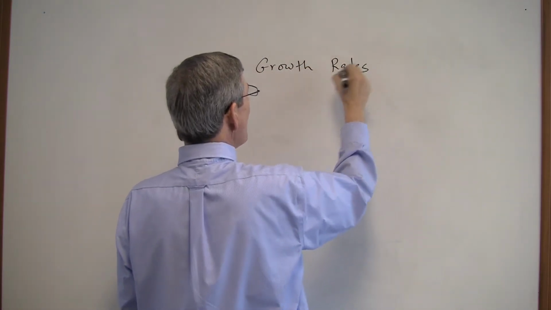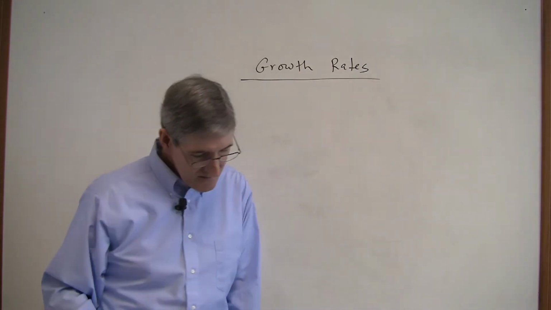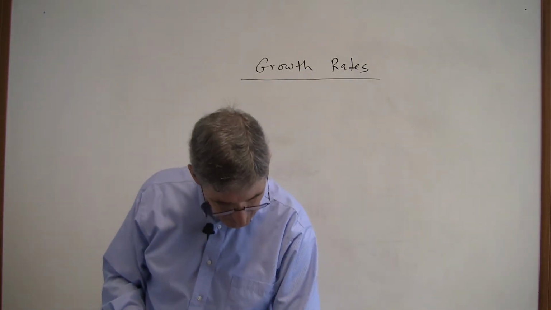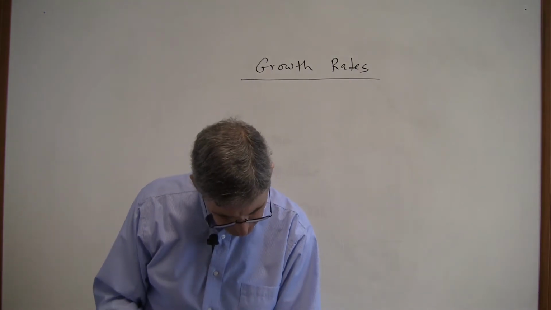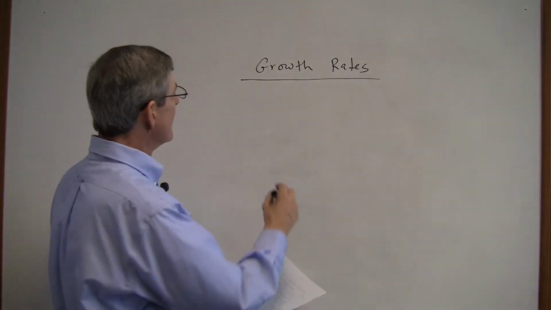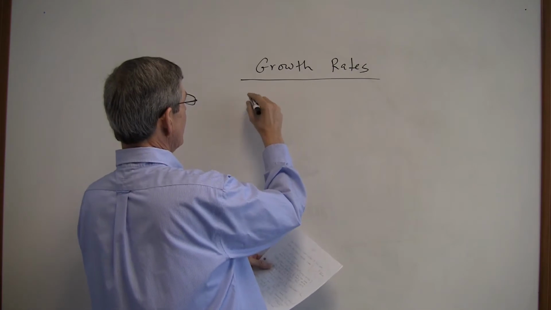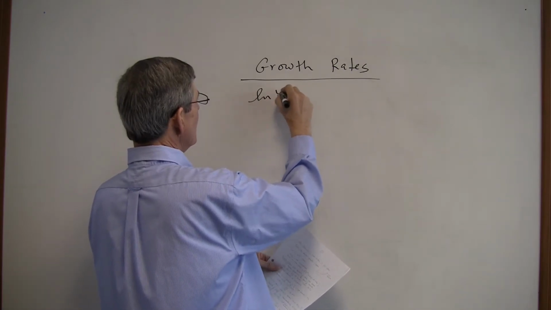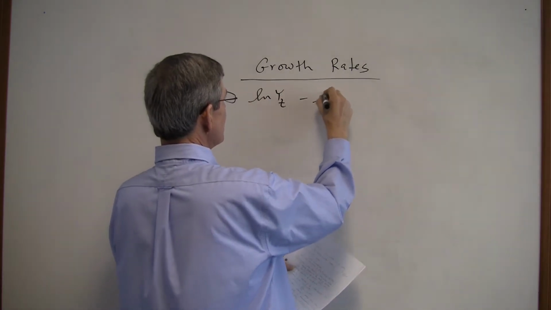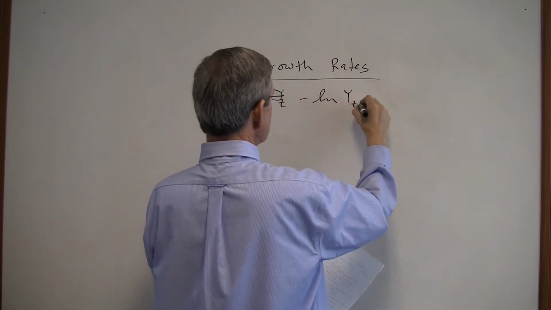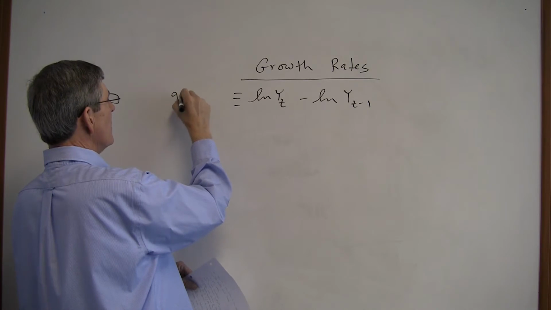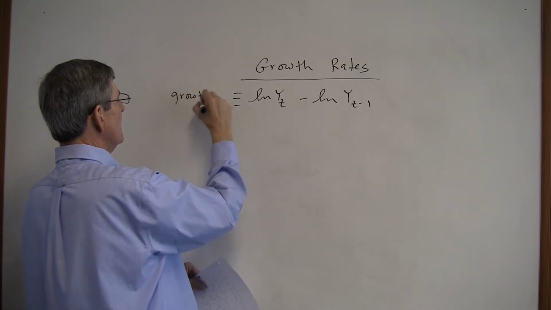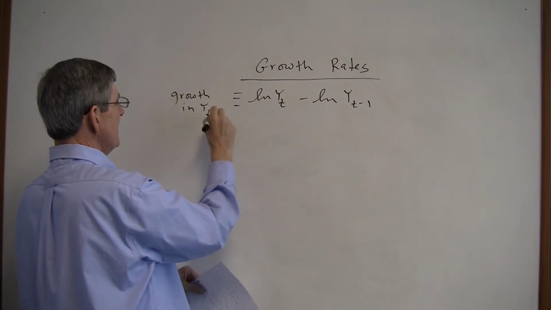Once we've taken the log of a series, it's very easy to define what the growth rate is. The growth rate of a series is the log of yt minus the log of yt minus 1. That's generally the way we measure the growth in yt.